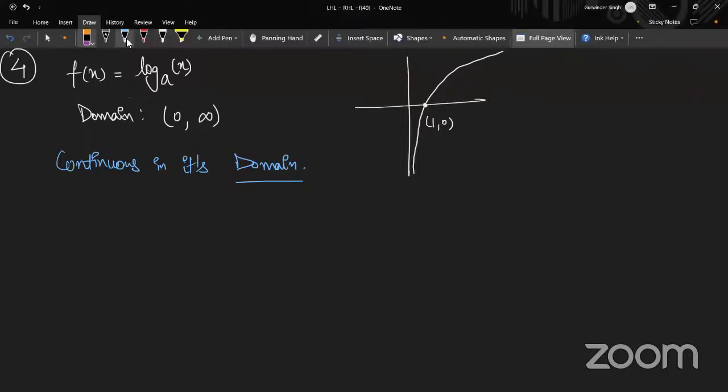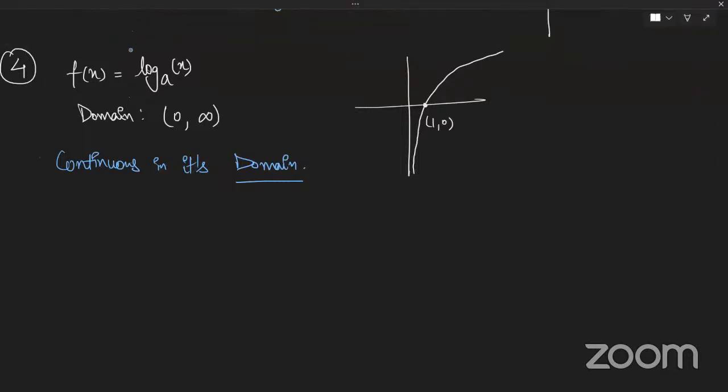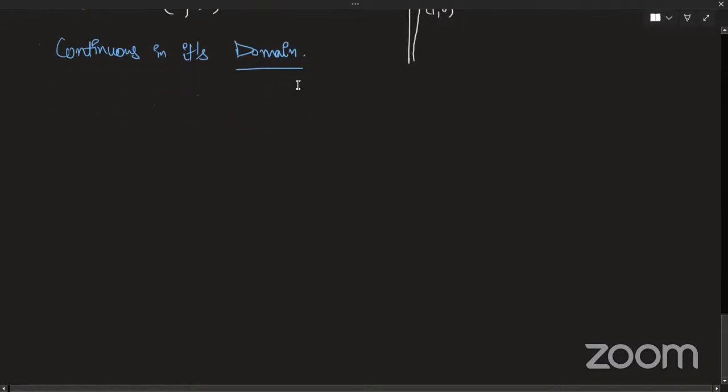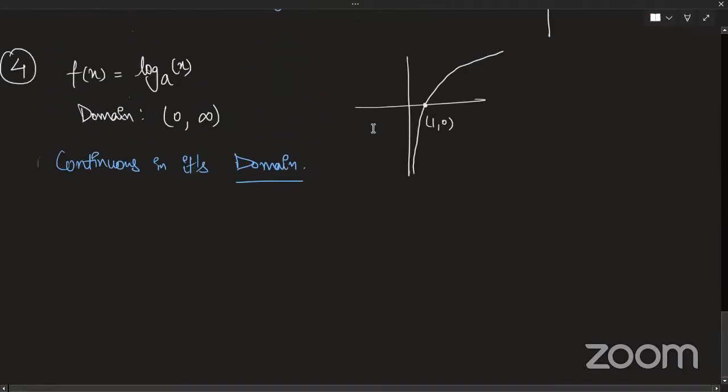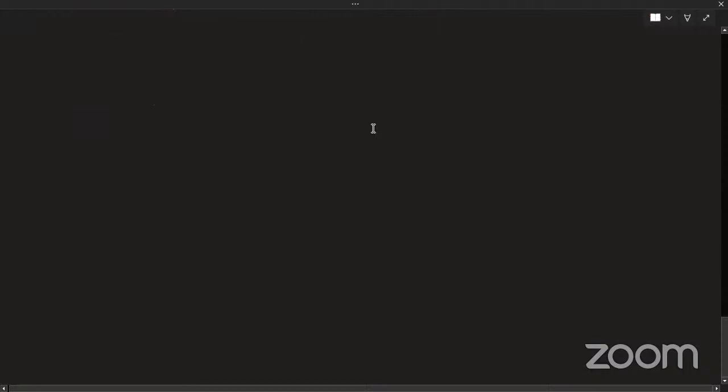For a function that does not exist at a point, we can't raise the question of its continuity. A continuity question can only be raised if a function exists at some point. So ln x, the logarithm of x, won't exist for negative values of x, so there is no question of its continuity. Continuity will only exist when the function exists at that value of x.